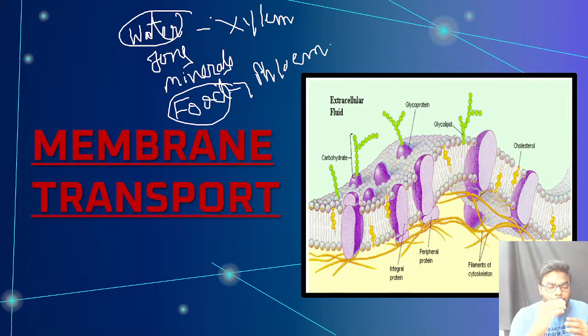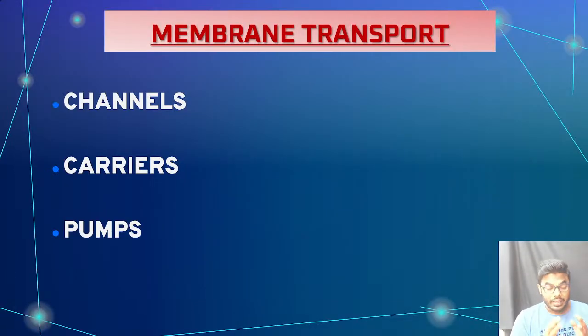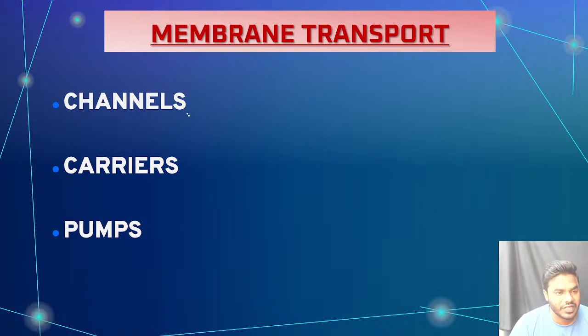So friends, listen to me very carefully everyone. Before understanding how water is transported in the xylem and food is transported in the phloem, first we have to understand what are the different types of membrane transporters present on the plasma membrane, which we have to read compulsorily.